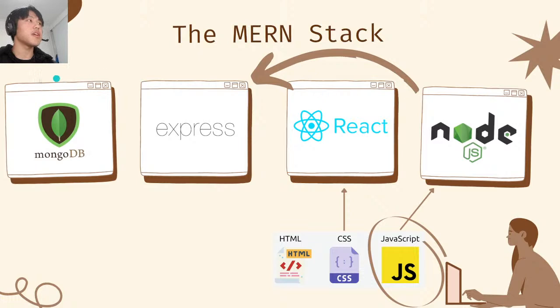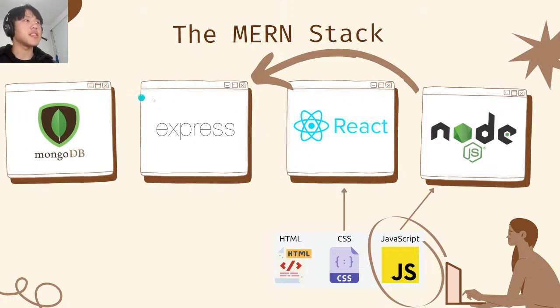Now, I just want to say that the choices for these technologies are just a popular combination, but you can swap these out for a bunch of different things, and you can still make a very good functioning web app. So for MongoDB, you might swap it for MySQL. For React, you might change it with a different front-end framework like Svelte or Angular.